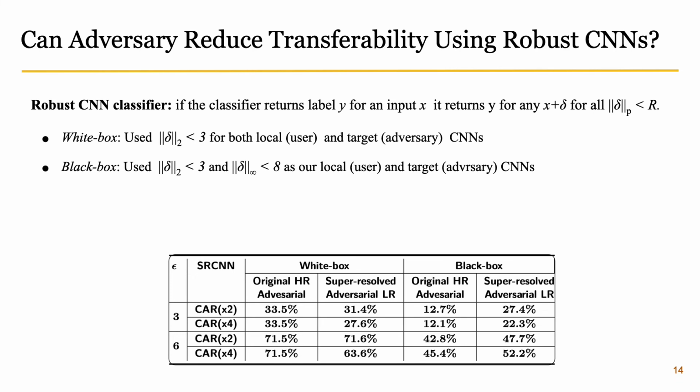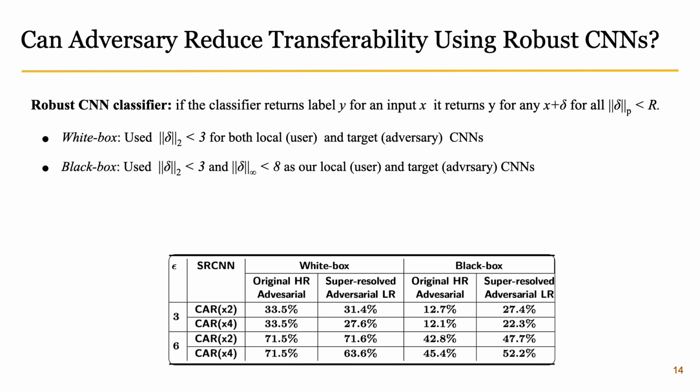Therefore, we use two pre-trained robust models on the ImageNet dataset as user and adversary CNNs and evaluated both black box and white box scenarios. Our experiments show that the super-resolved images have comparable transferability to the original adversarial images.